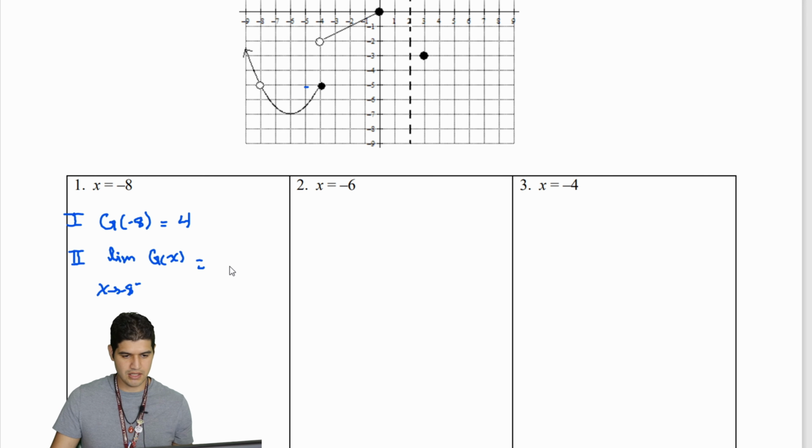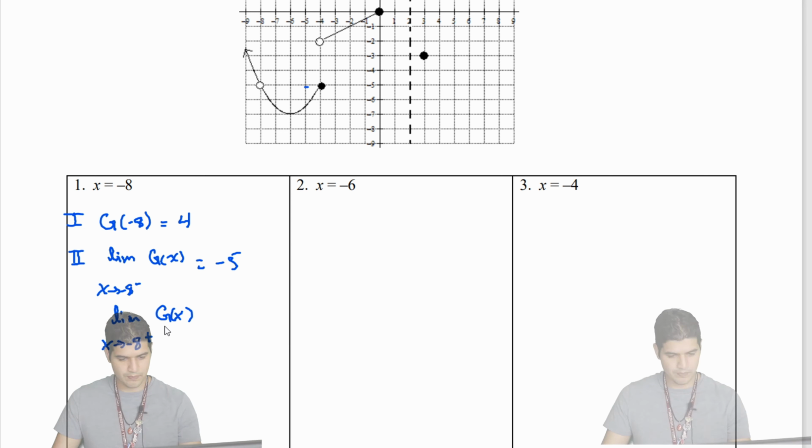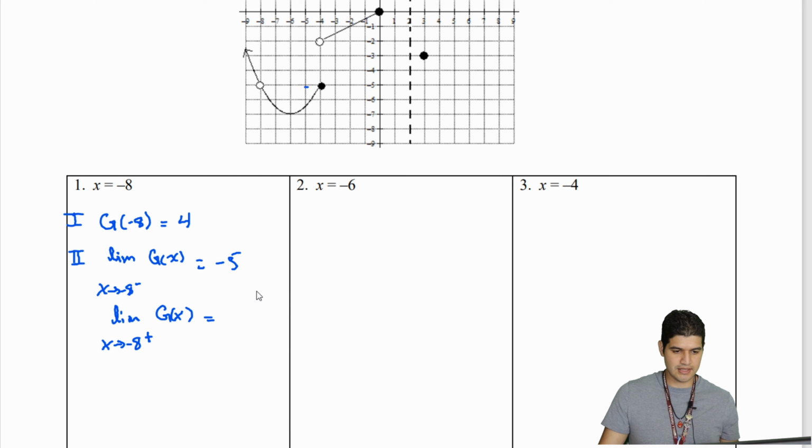Is equal to -5. And then the limit of g of x as x approaches -8 from the right side, that's going to get us also -5. So the limit of g of x as x approaches -8 is going to be -5.